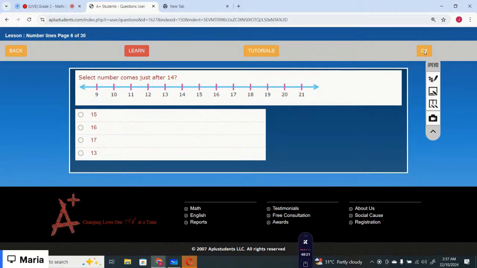Select a number that comes just after 14. Just after 14, that is 15. The correct option is 15.